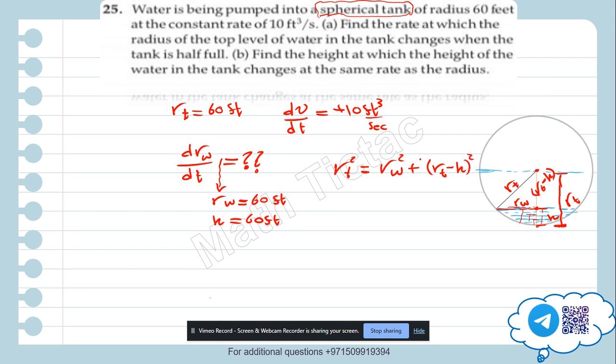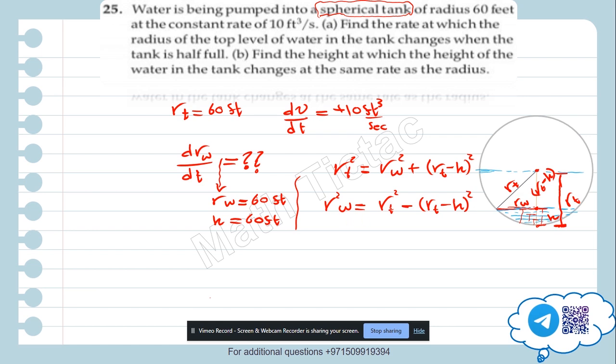This is the relation that I want to use to find dr of water over dt. To find that, I will move this part to this side. So r squared of water is equal to r squared of the tank minus (r of the tank minus h) all squared. Okay, now let's see if we have constants over here.